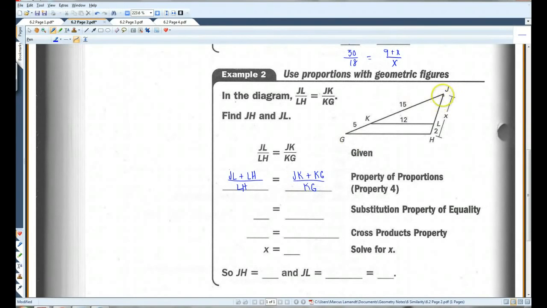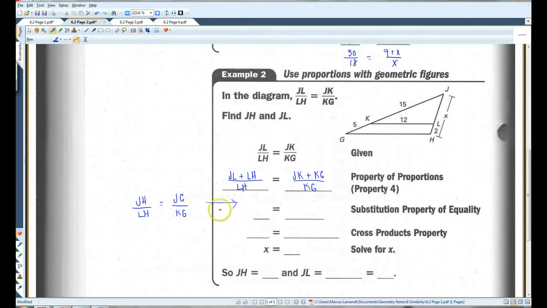I do this because I don't know what JL is. I know what JH is. And JL plus LH, that's JH. Let me write that in here. JK plus KH is JG.